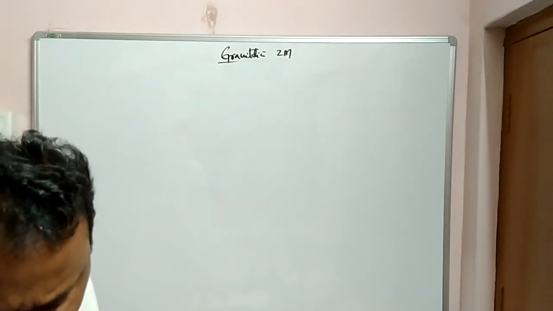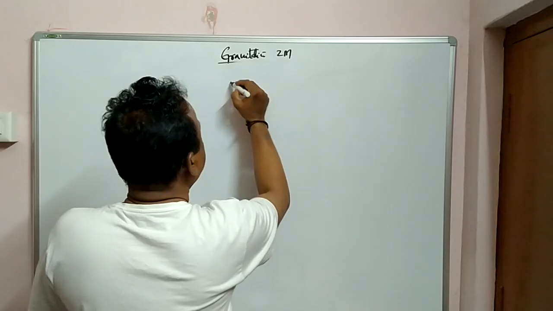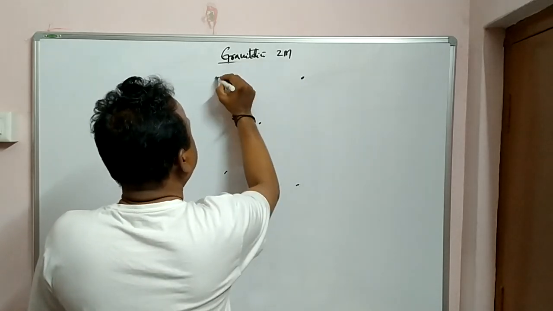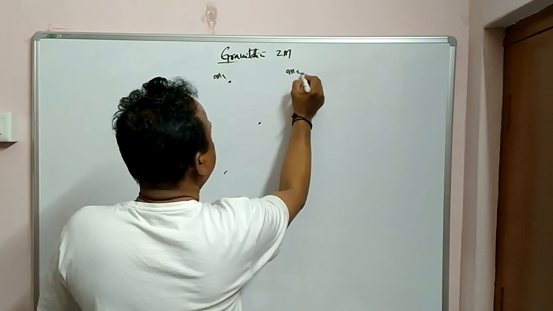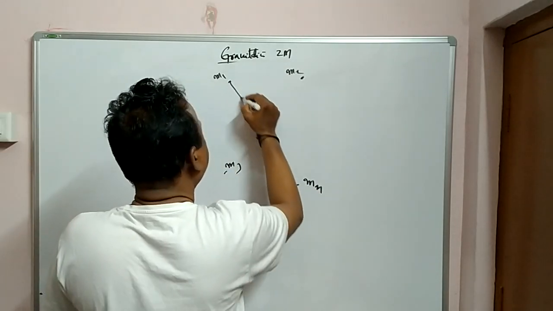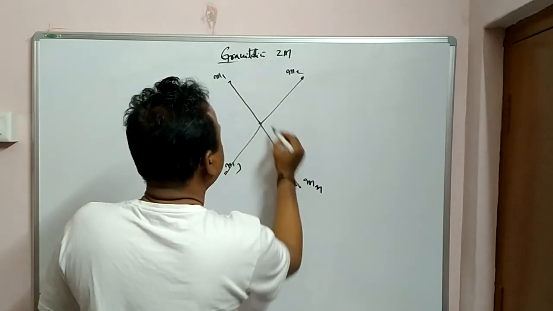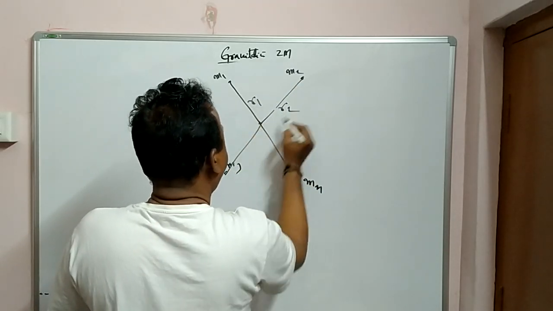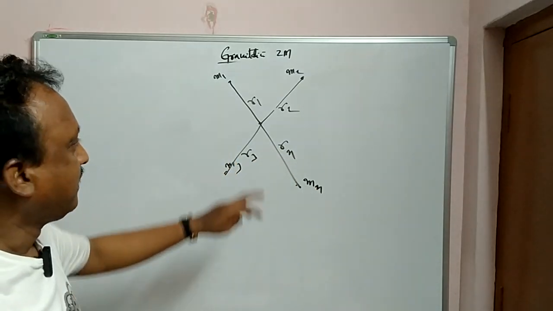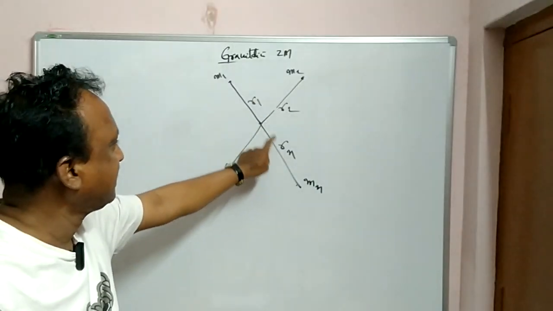For example, see here, suppose this is one body, this is another body, and another body. This is M1, M2, M3, Mn. For example, these are distances R1, R2, R3, Rn. Let us have so many bodies, M1, M2, M3, M4, and so on, up to Mn.